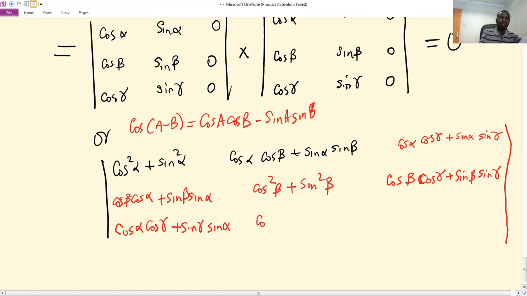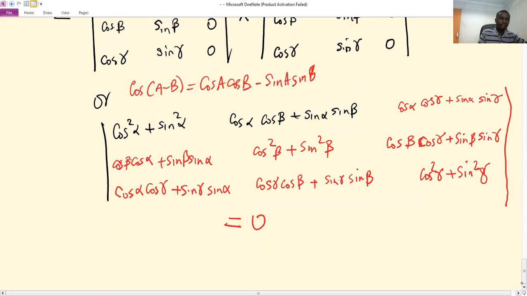And cosine of beta minus gamma as cosine gamma cosine beta plus sine gamma sine beta, and one as cos squared gamma plus sine squared gamma. When you simplify, you still get 0.